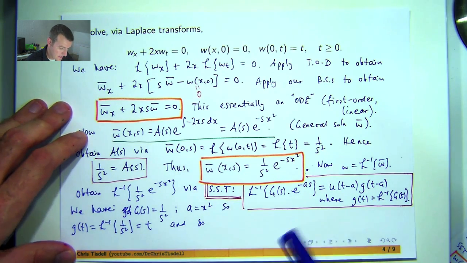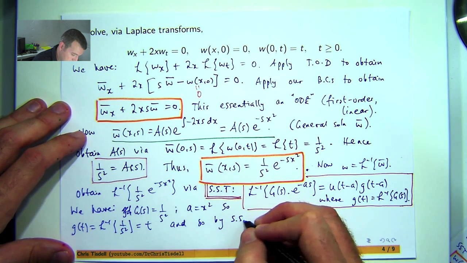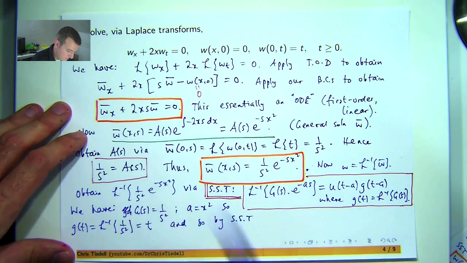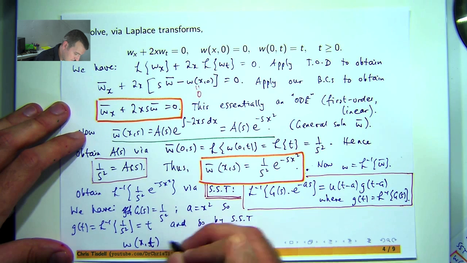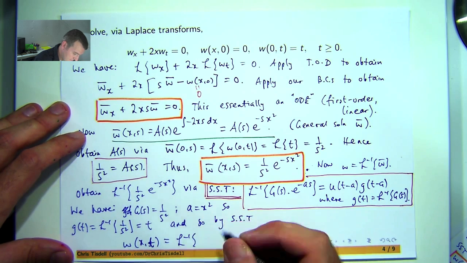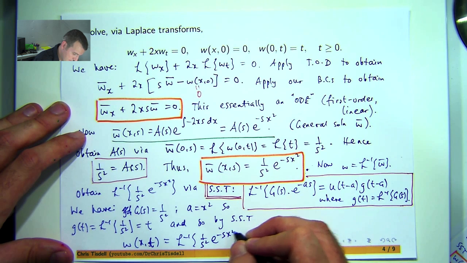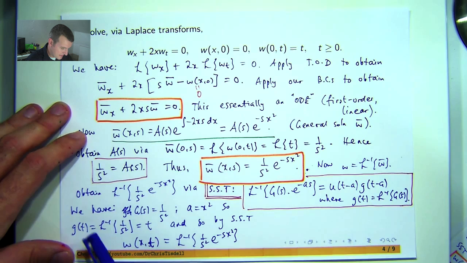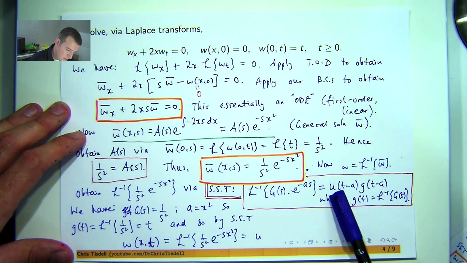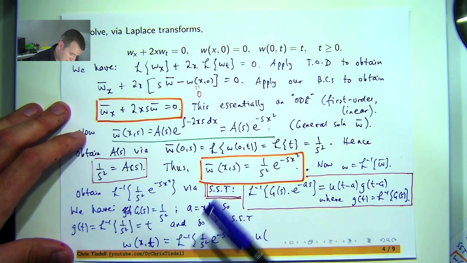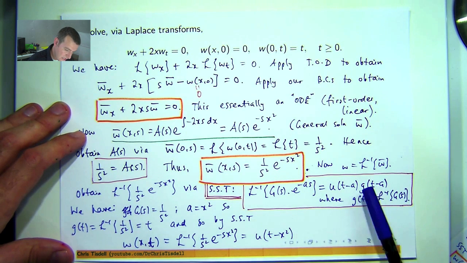And so applying the second shifting theorem, the inverse transform of this is this shifted, so I'll replace a with x squared, and then times g of t minus a.